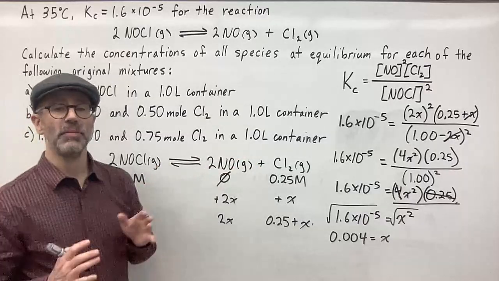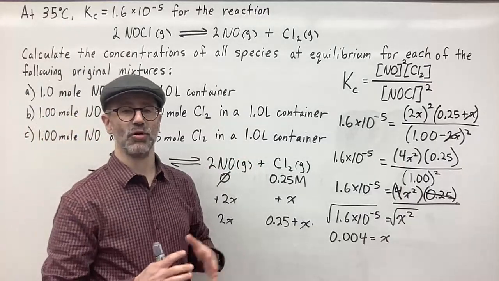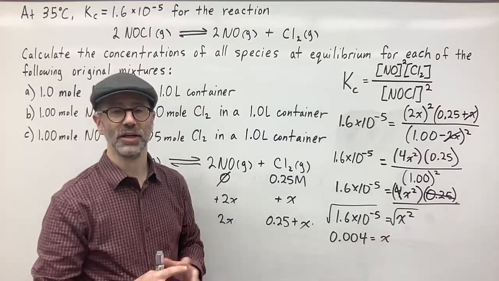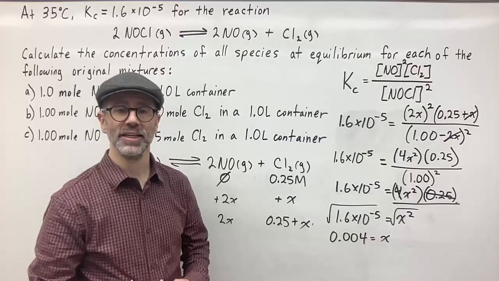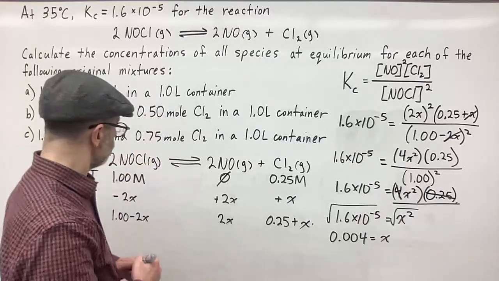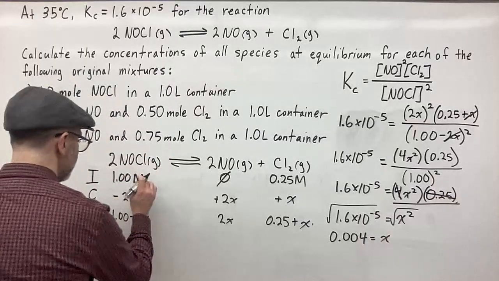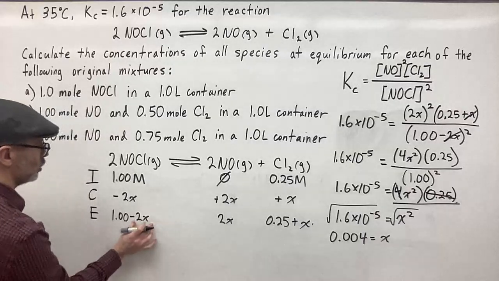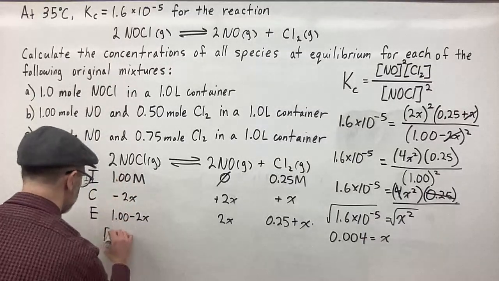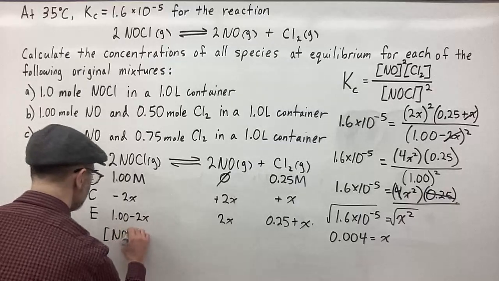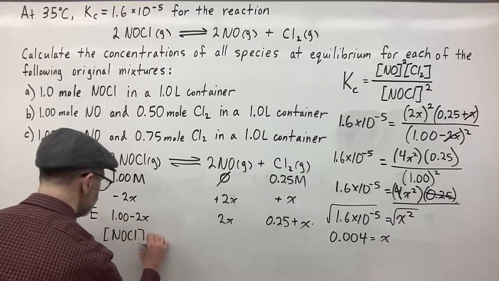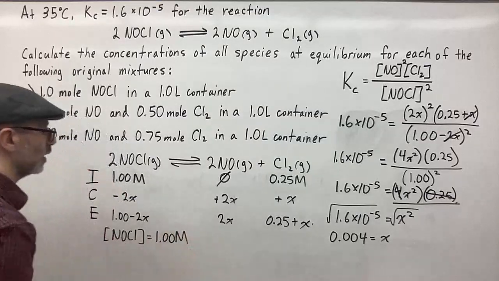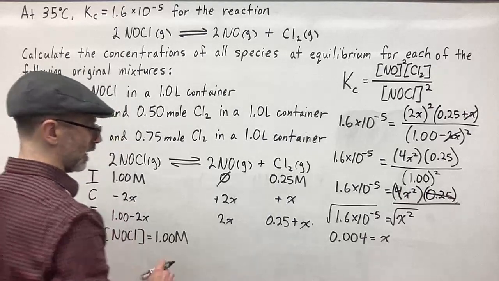But again, remember, we assumed that x is so small as to be negligible, such that the initial concentration we started with is going to be pretty much equal to the equilibrium concentration. So basically, in that case, the equilibrium concentration of NOCl should be equal to 1.00 molar.